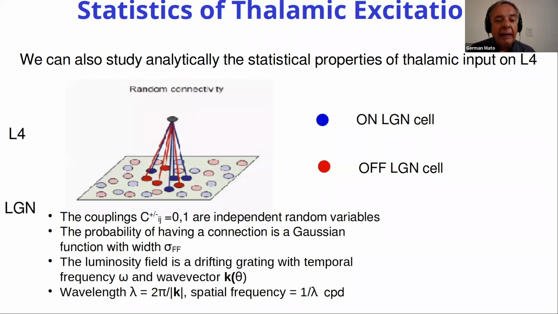The probability of having a connection is a Gaussian function with a width sigma ff. This is the width of this connectivity pattern. The luminosity field is a drifting grating with temporal frequency omega, wave vector k of theta, and the wavelength is 2 pi over k.